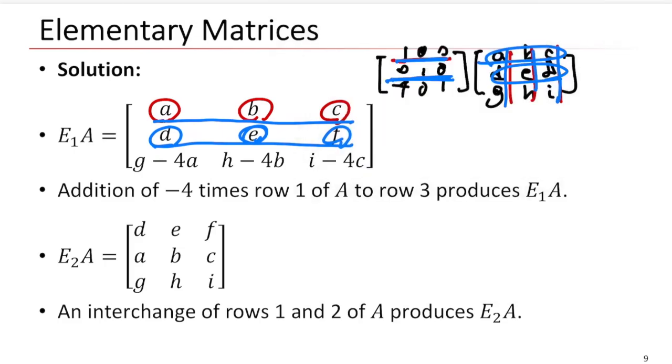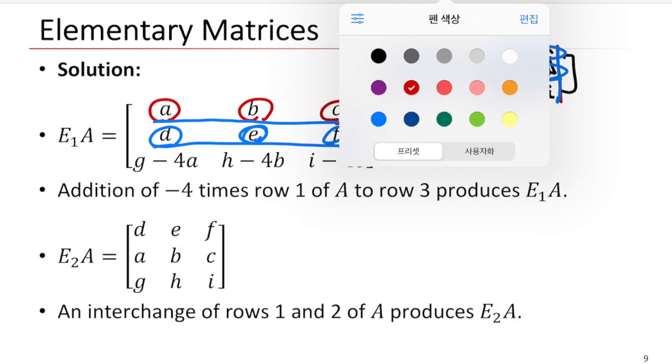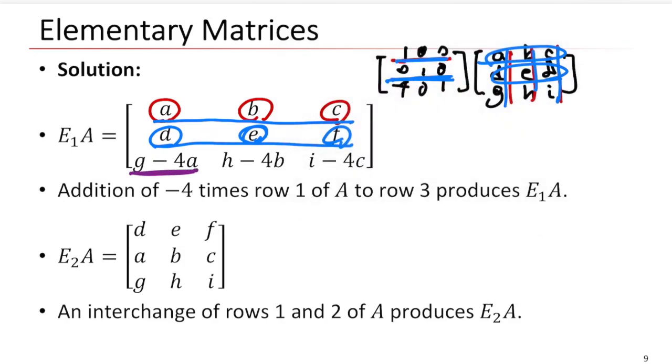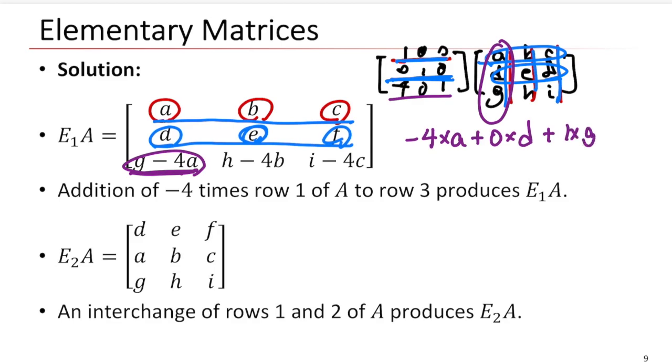What about this? Let's use a different color here. This is this row times this column. So it means negative 4 times a plus 0 times d plus 1 times g.